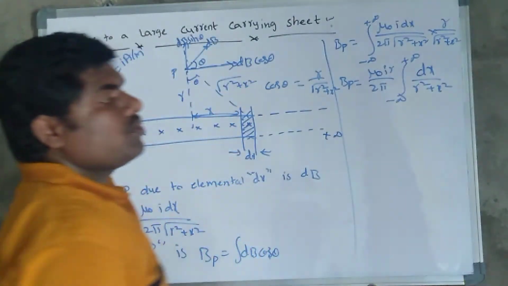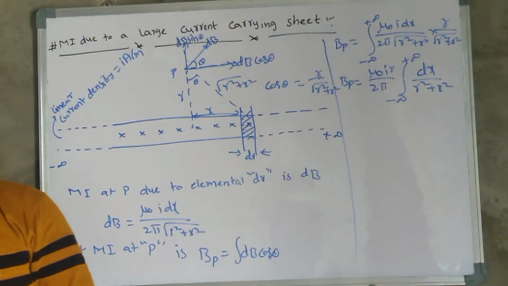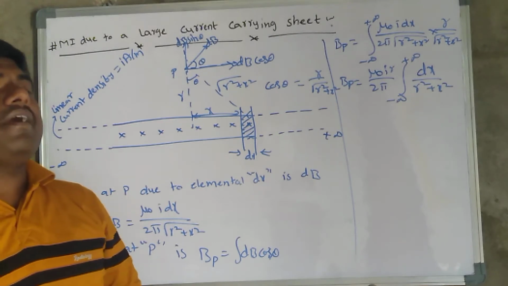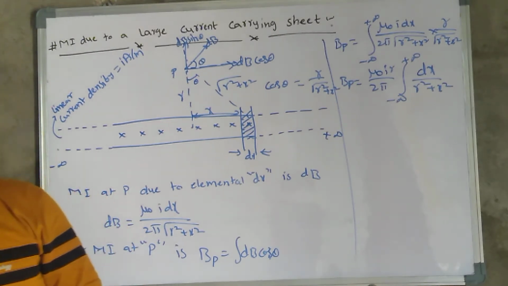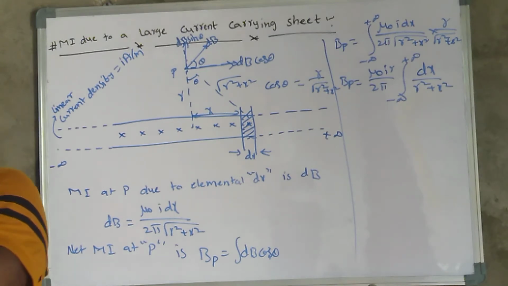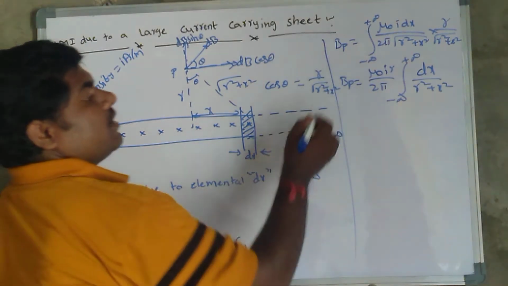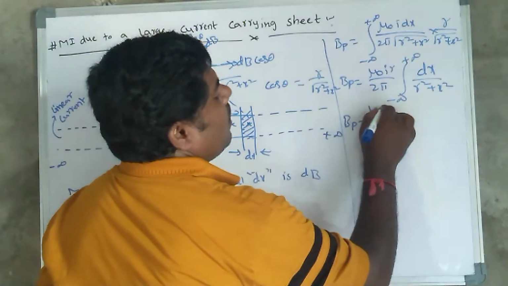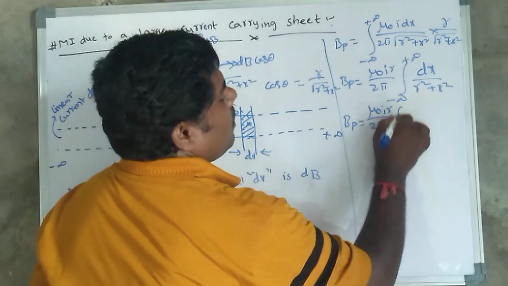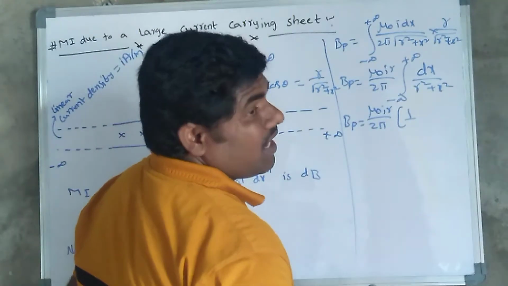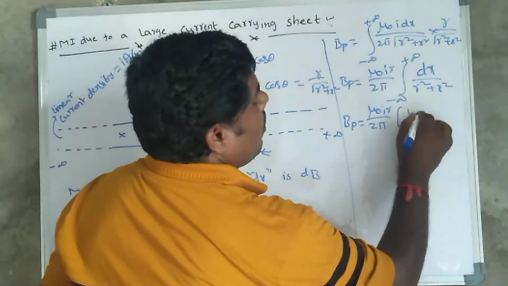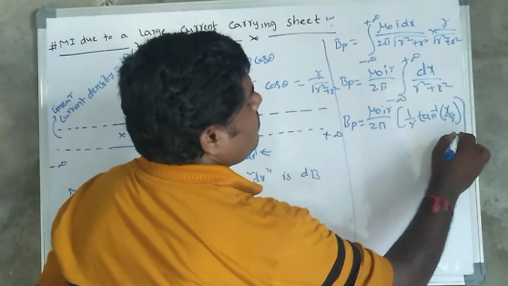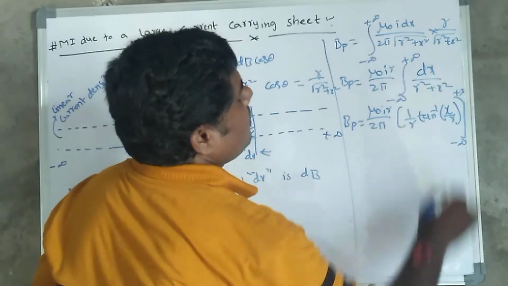Here the integral formula is 1 by r tan inverse of x by r. This is a mathematical formula you may remember. So BP is equal to mu naught I r divided by 2 pi, into 1 by r tan inverse of x by r, from minus infinity to plus infinity.